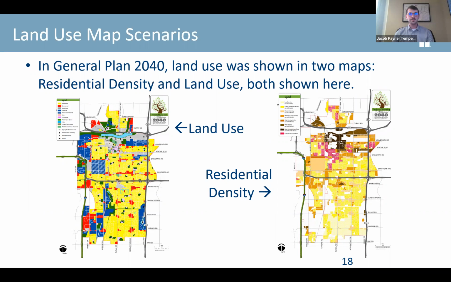The map on the right shows the densities, which for 2040 were in range from low density, which is 3 dwelling units or less per acre, up to that brown, which is the high density urban core, which is 65 dwelling units and above. Also on the density map, I'm going to point out the red areas. Those are cultural resource.